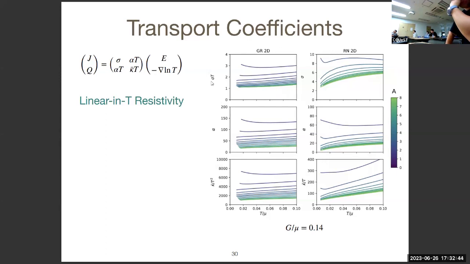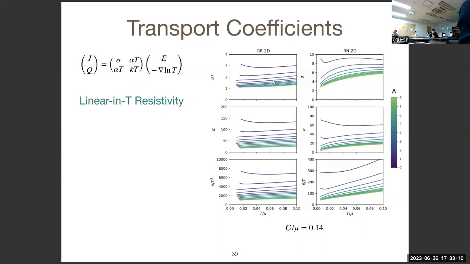Sorry, I'm really running out of time, so perhaps I should at least say what we did here. We calculated these thermoelectric transport coefficients. Sigma I already talked about, which is the conductivity, which gives you the relationship between current and electric field. In the case where you also have coupling with thermal gradients, you also have off-diagonal components and a heat capacity as well.